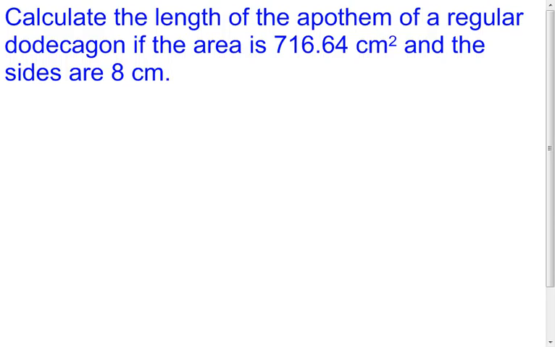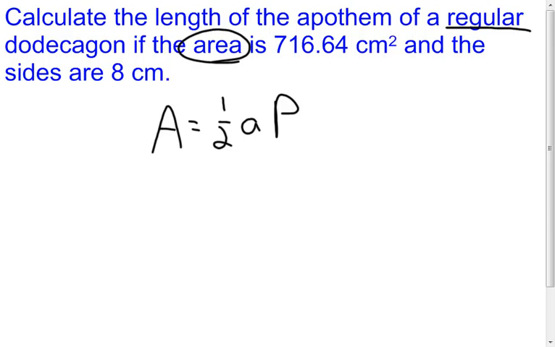The first thing I look at is that it talks about area of a regular polygon. Again, I'm going back to area equals 1/2 times the apothem times the perimeter.